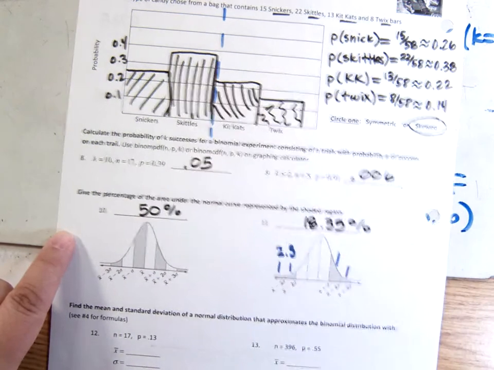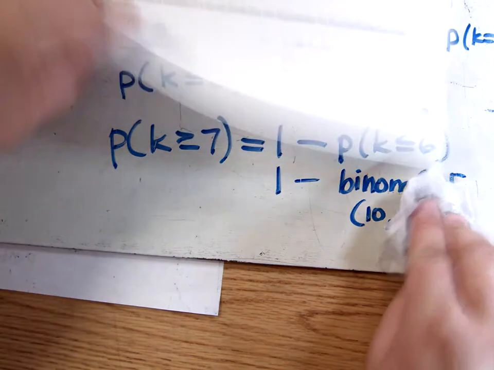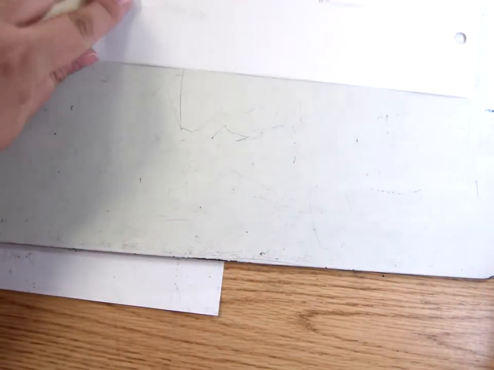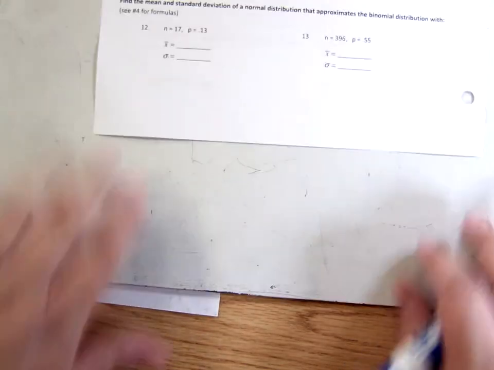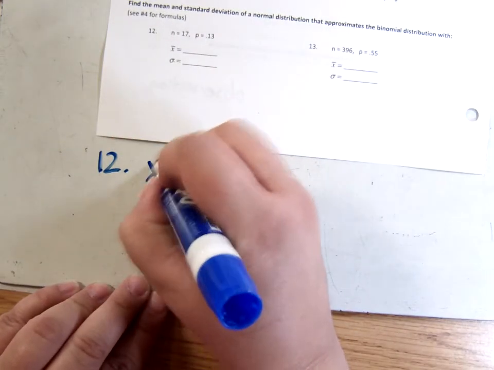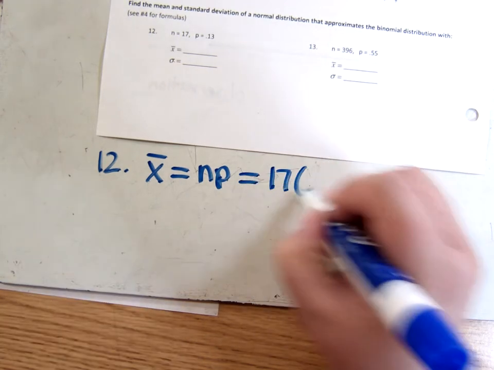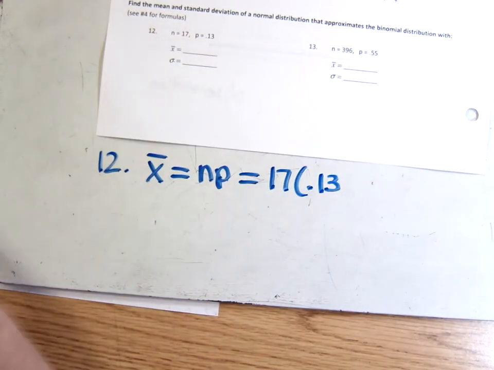All right, last two, you're just plugging into the formula. That's all you're doing here. And if you could do everything on this review, you're great for the test. So, number 12. X bar is n times p. So 17 times 0.13 is 2.21.